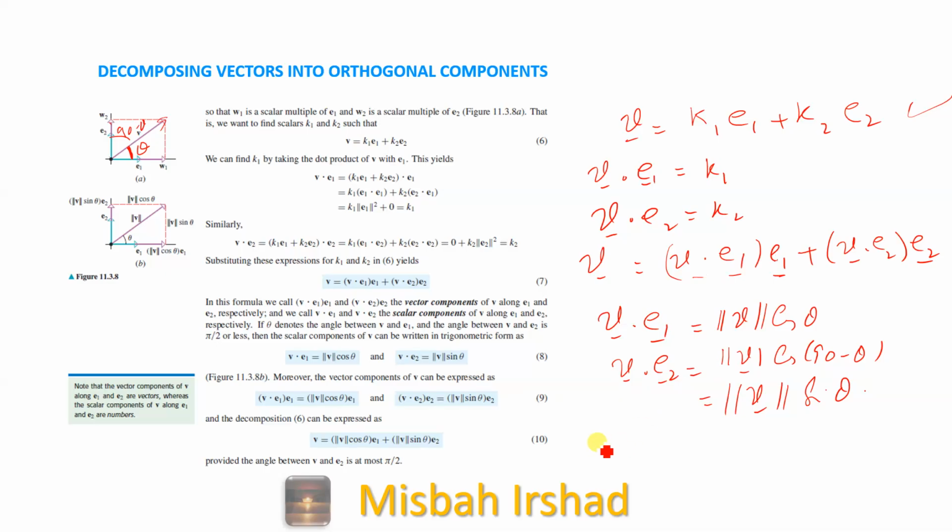So v can be written as, just replacing v dot E1 and v dot E2 by these values in this equation, v then becomes the magnitude of v cos theta E1 plus the magnitude of v sine theta E2.